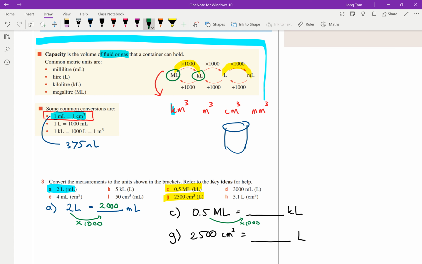Now I'm interested in knowing, what is 0.5 times 1,000? 500. Another way, if you were confused with the decimal, 0.5 is half. If I said, what's half of 1,000? You would have picked that up as 500. Okay, so this is 500 kiloliters.